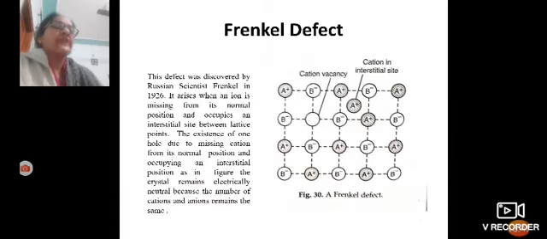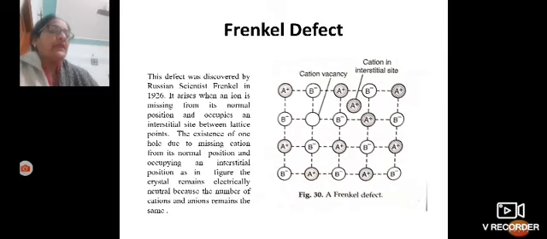Second is the Frenkel defect. This defect was observed by the Russian scientist Frenkel in 1926. It arises when an ion is missing from its normal position and occupies an interstitial site between the lattice points. There is one hole due to a missing cation from its normal position, which occupies an interstitial position, as in the figure.